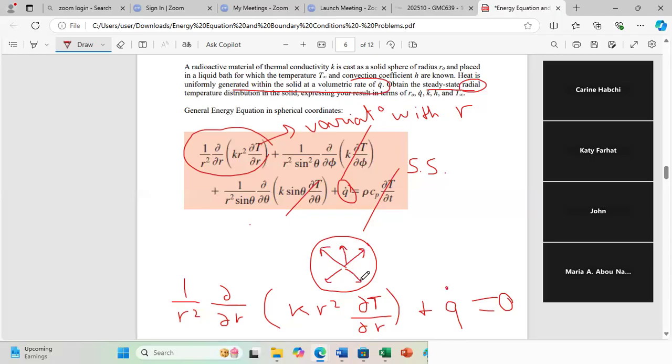And I know that the external conditions, we have convection with the external environment with a coefficient H and a temperature T infinity. Since this is a second order differential equation, I need two boundary conditions. Can you tell me what will be the two boundary conditions in this problem?